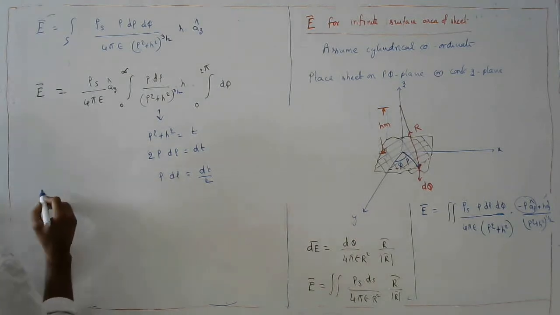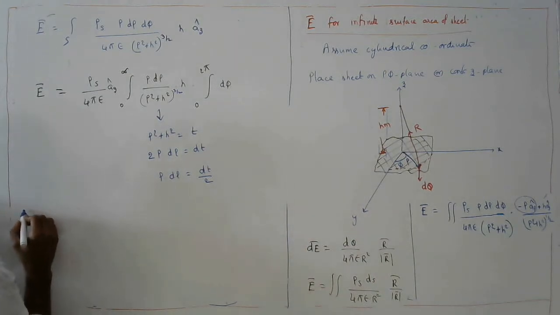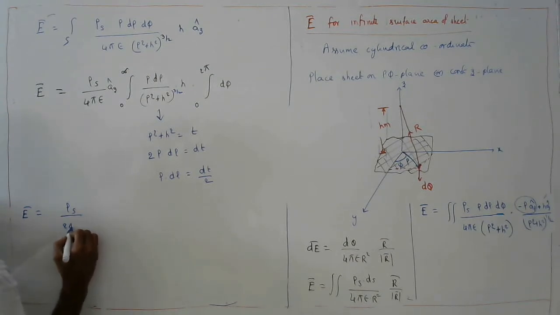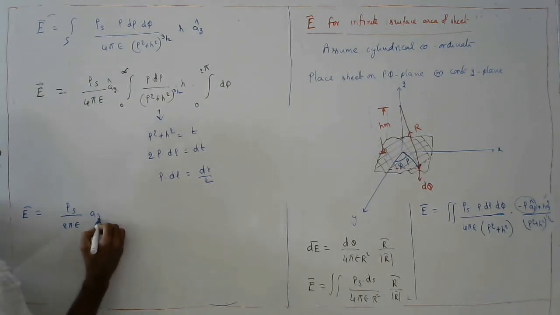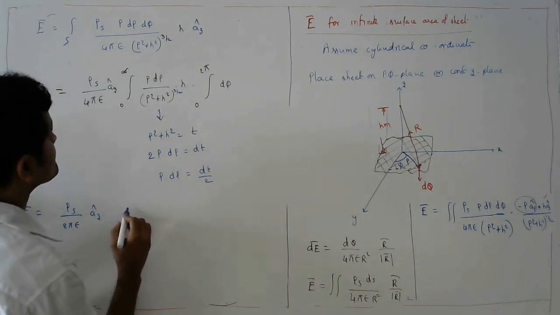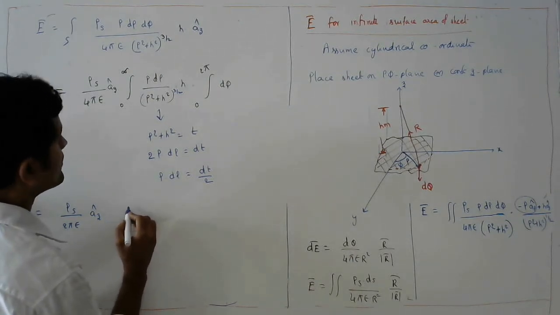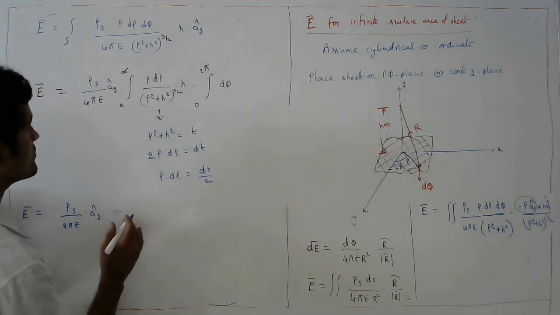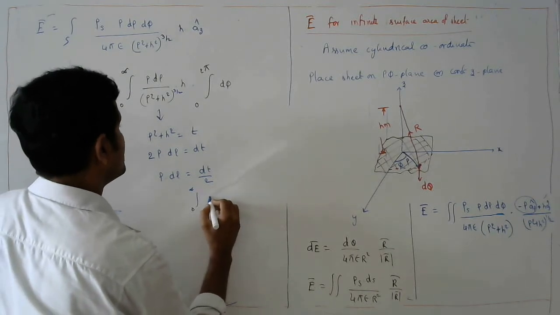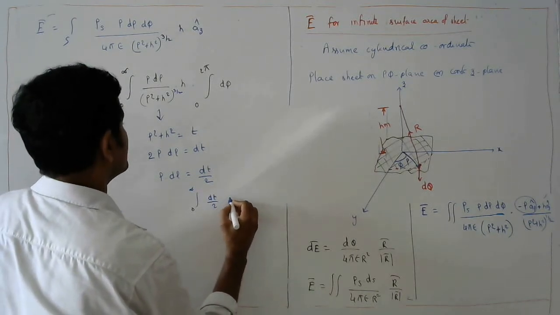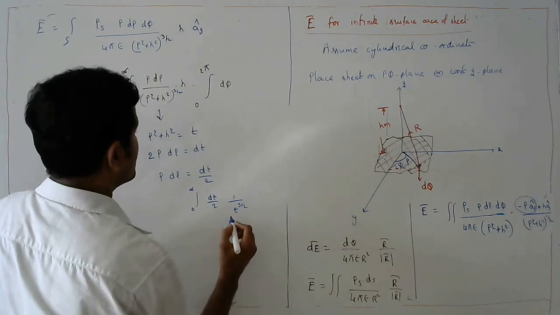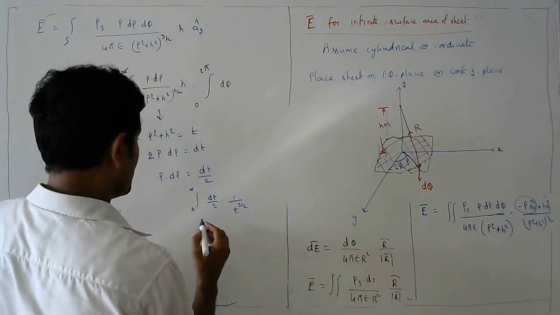So the expression becomes E bar is equal to rho s by 2 pi epsilon into az cap into the integral of dt by 2, from 0 to infinity, times 1 by t to the power of 3 by 2. So we have to integrate this only.